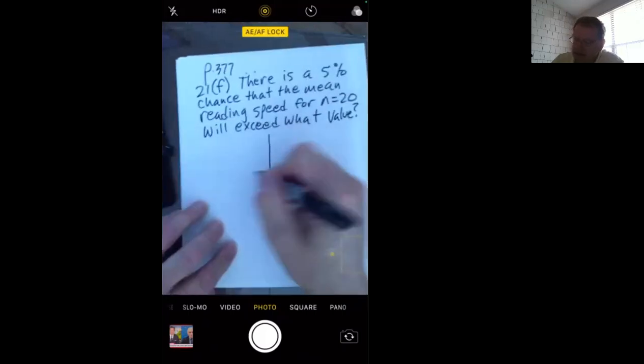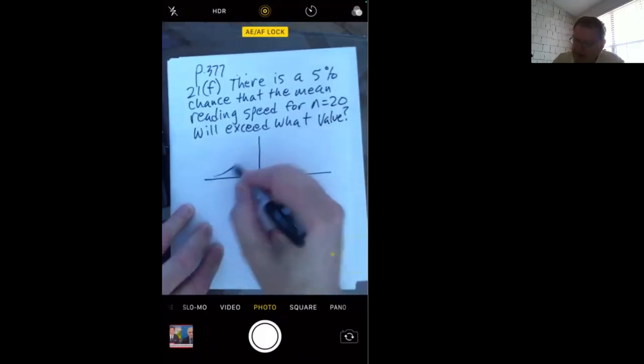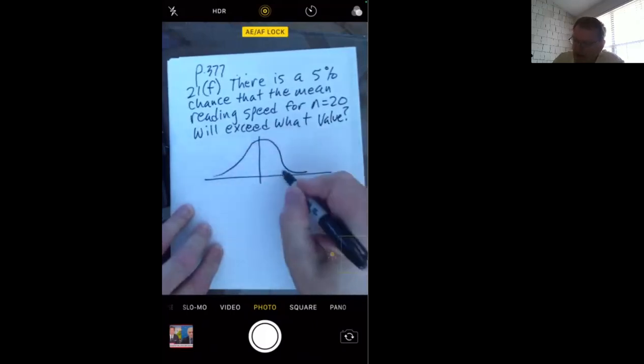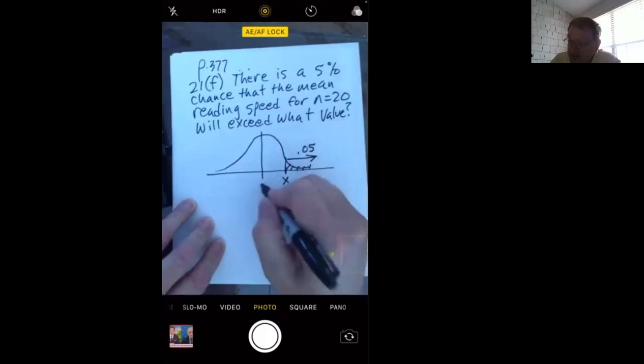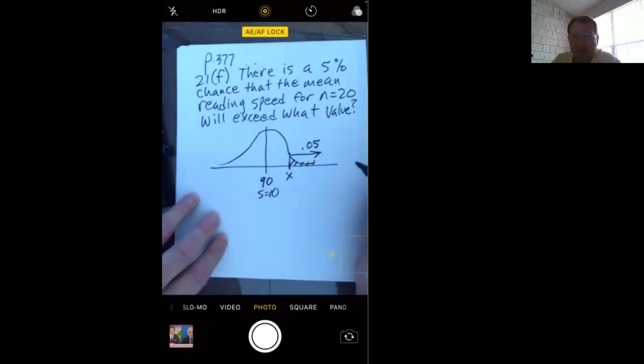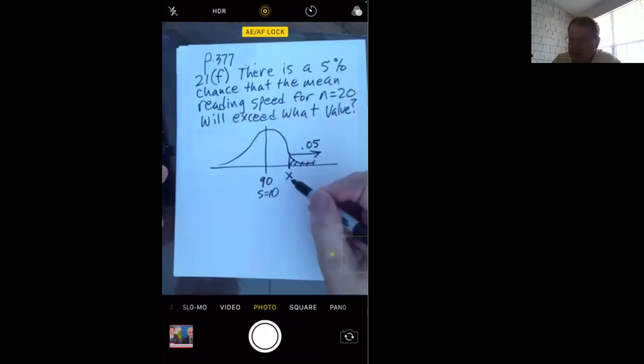So the picture of this: exceed what value, it's going to have to be on the right side. You're going to want a point x where you'll have 0.05 to its right, with the mean of 90 in the middle and a standard deviation of 10. So we're looking for the spot where 5% exceed this value. In effect, it's the 95th percentile, whatever reading speed this is.